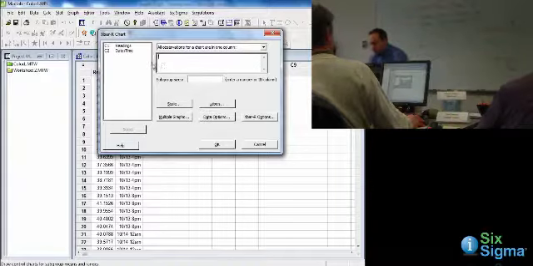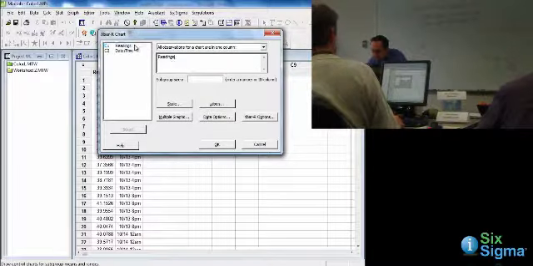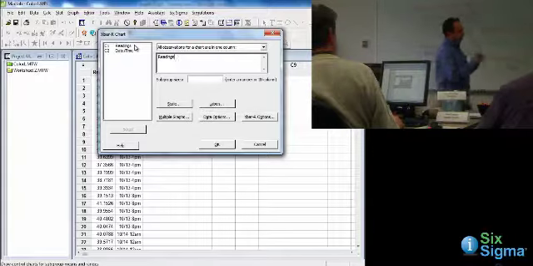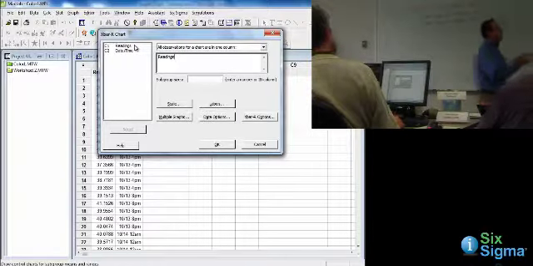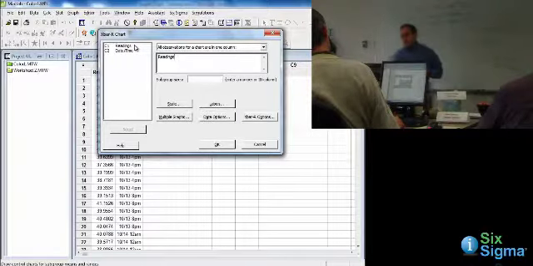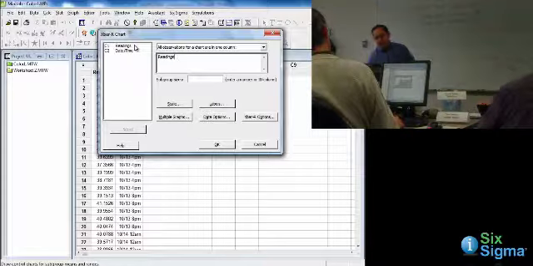Here, all the observations for the chart are in one column, in column C1. Just click on the field underneath the drop-down menu, and you should be able to select Readings. Then the second input that's required here is subgroup sizes. There are two options.